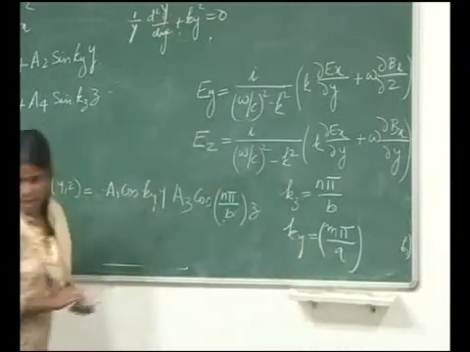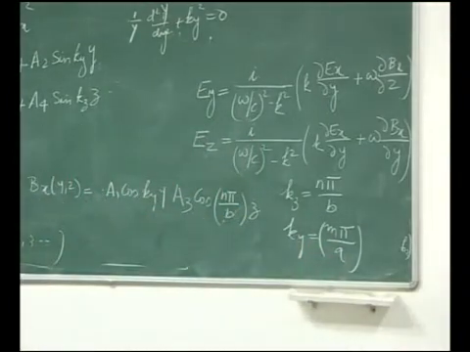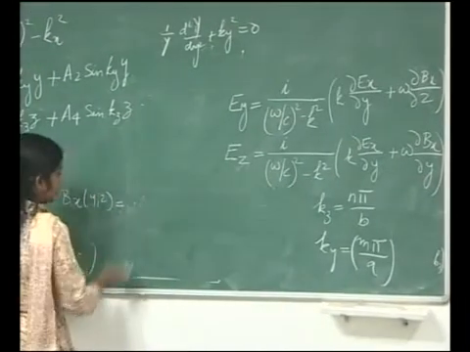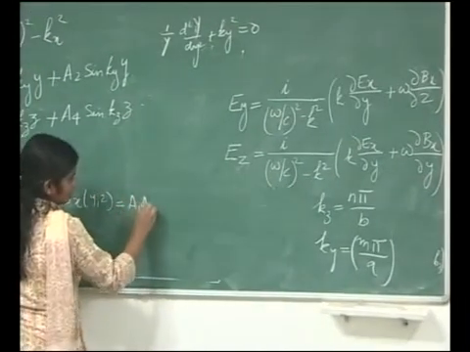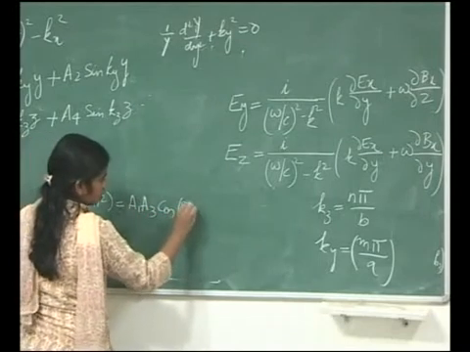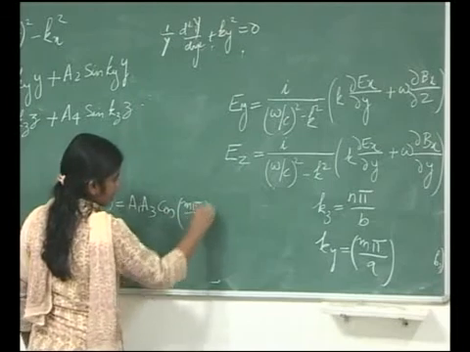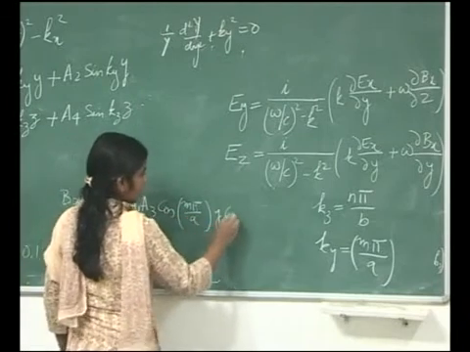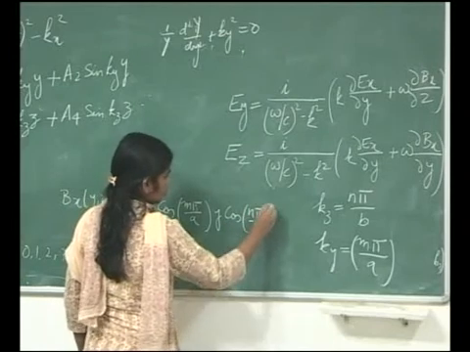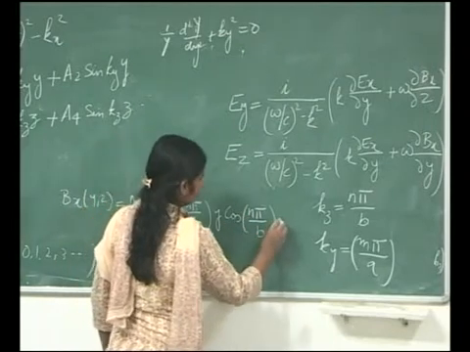So this equation now is like this: a1 a3 cos m pi by a into y and cos n pi by b into z.